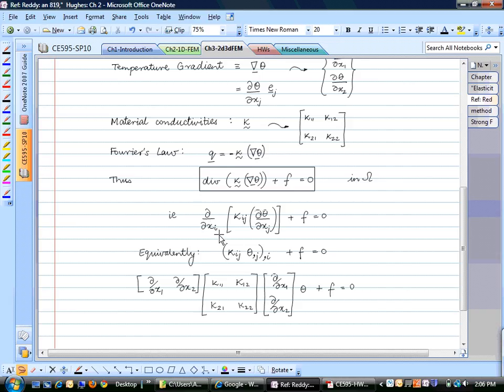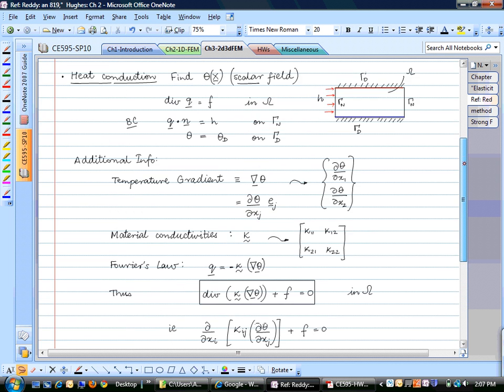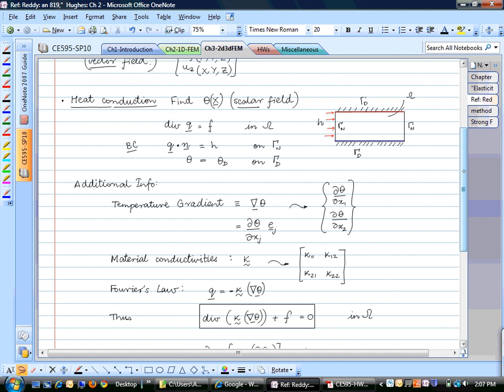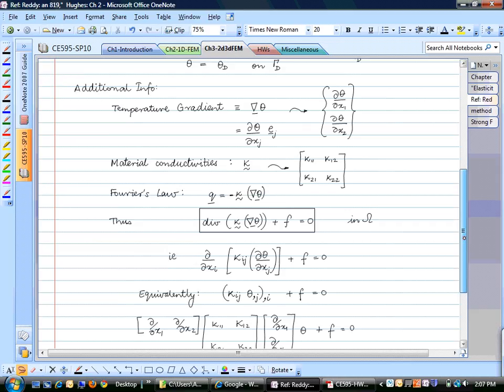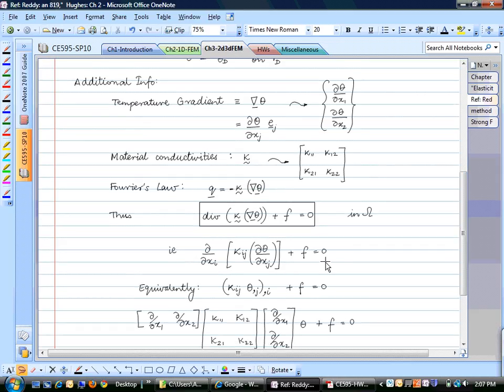I is actually not a free index here, right? Right, so i is not a free index. I is repeated here, j is repeated here. So this is just one scalar equation. This is a scalar field problem, so we will have just one equation, as opposed to the structural problem, where there were three equations. But this is just one scalar equation.